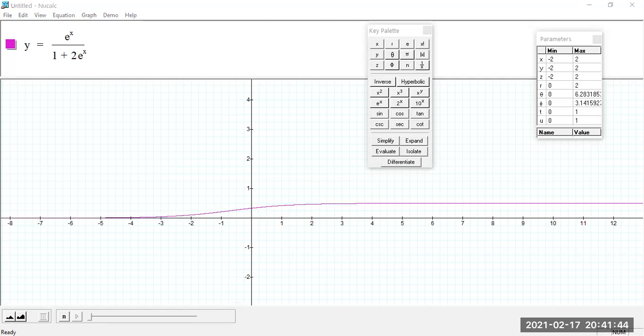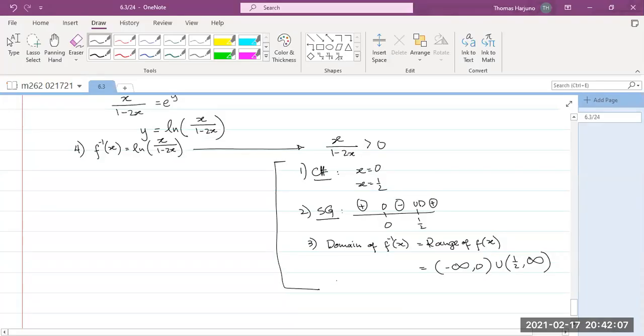Why do I get something totally wrong? Oh, I forgot the natural log. My bad. So coming back here, I'm sorry. I forgot the natural log. So that has to be positive. That's right too.